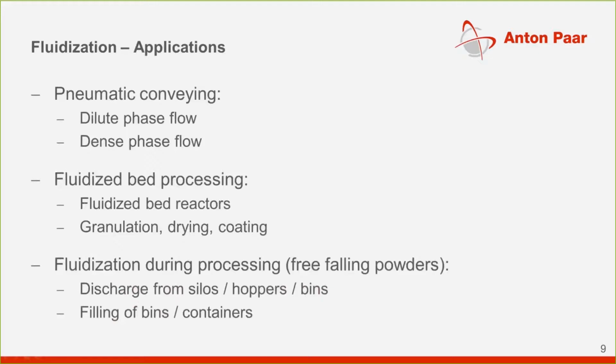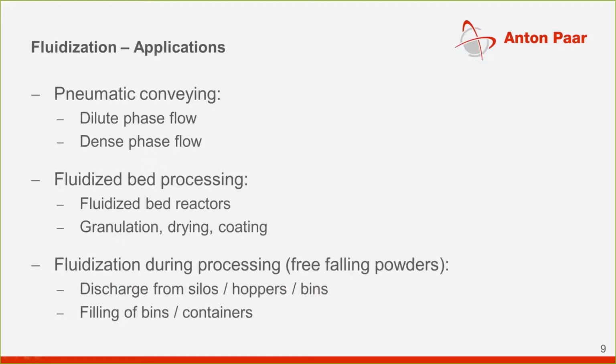Next we'll have a look at fluidized bed processing. Fluidized bed reactors are generally used, for example, in the petroleum industry for fluidized bed catalytic cracking. These reactors are usually used to process materials to ease or improve catalytic and chemical processes.